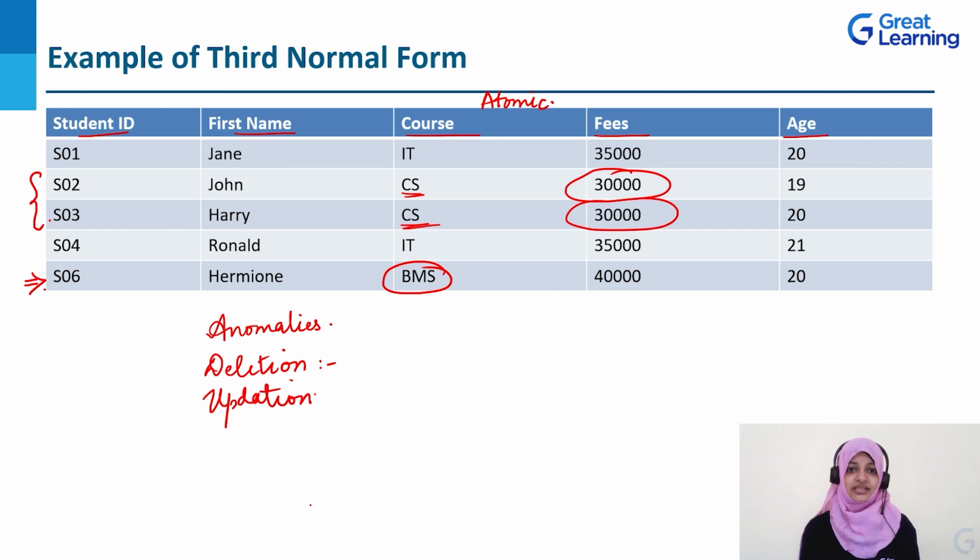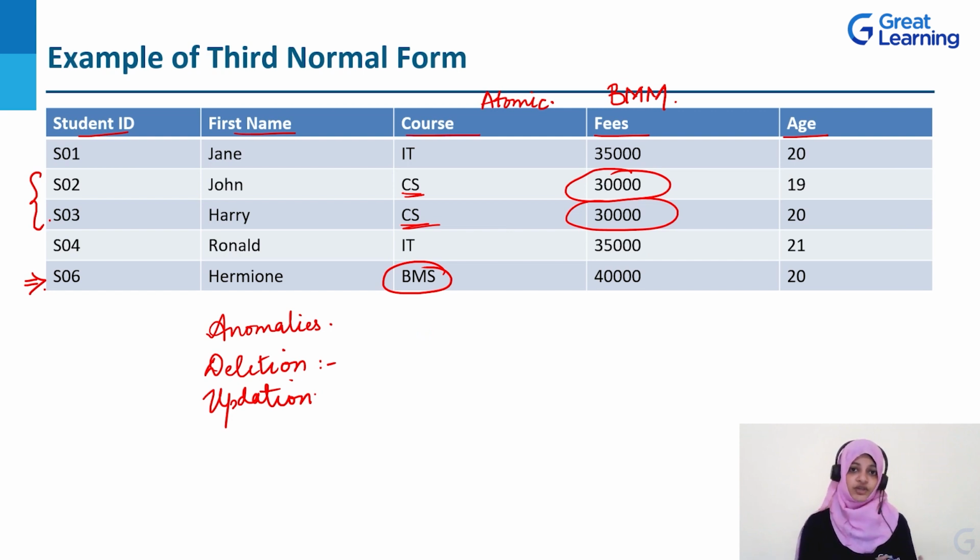Lastly, let's look at the insertion anomaly. The insertion anomaly actually cannot be looked at in this particular example, but it can be understood from here. If there is a stream, say for example BMM, that is Bachelor's of Mass Media, that particular course can't be seen here. Why is that? Maybe because no student has opted for it yet.